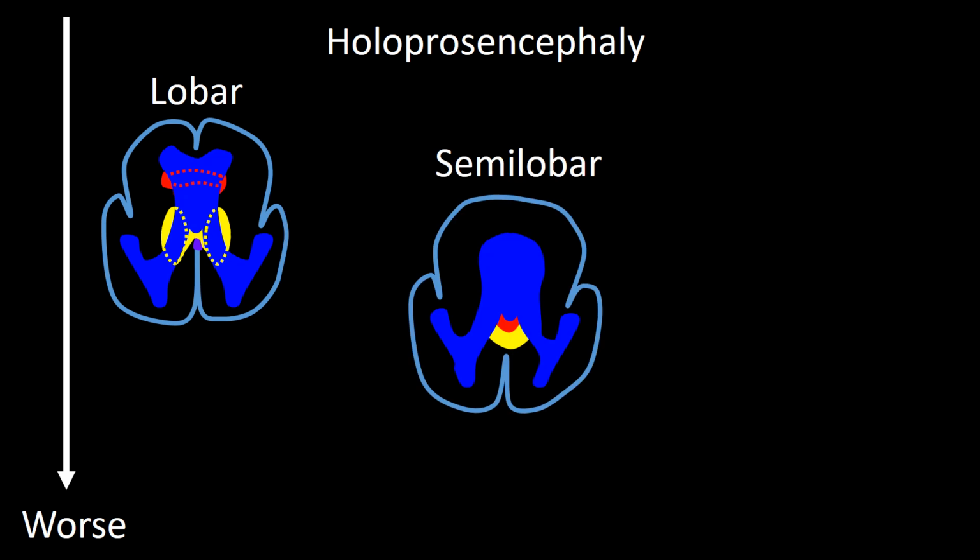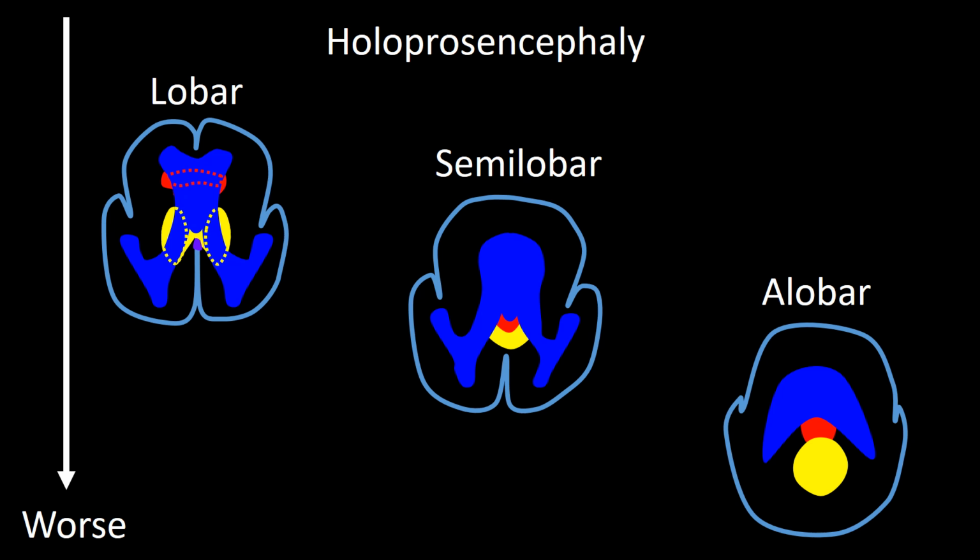Next in severity is the semilobar type. Here there is no interhemispheric frontal fissure, and the posterior one is ill-formed. The frontal lobes are united. There is one basal ganglia mass in the middle of the brain, one thalamus, no corpus callosum, but the temporal lobes are preserved.